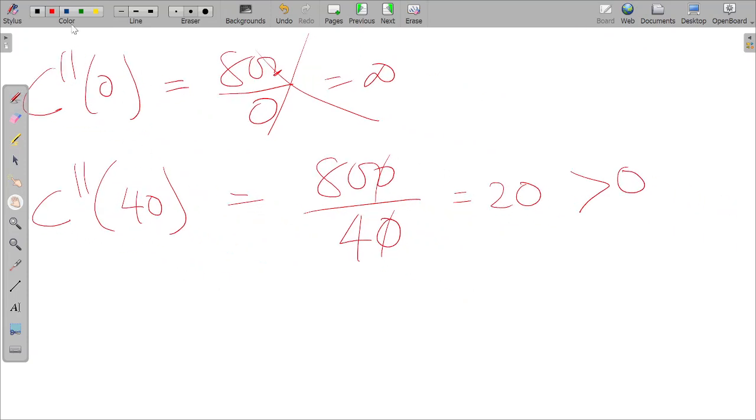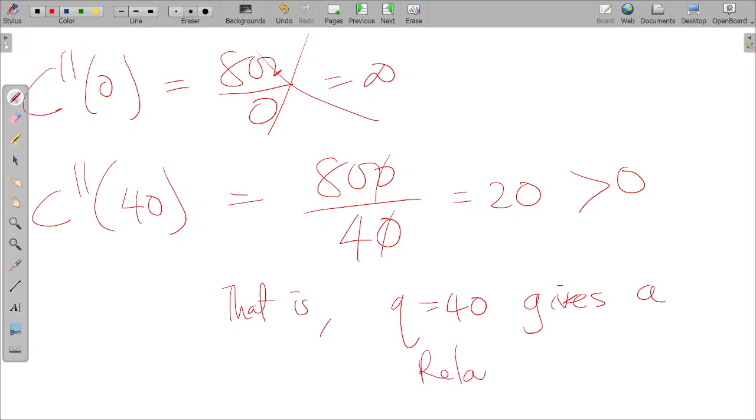It's greater than 0, which means q equals 40 gives a relative minimum.